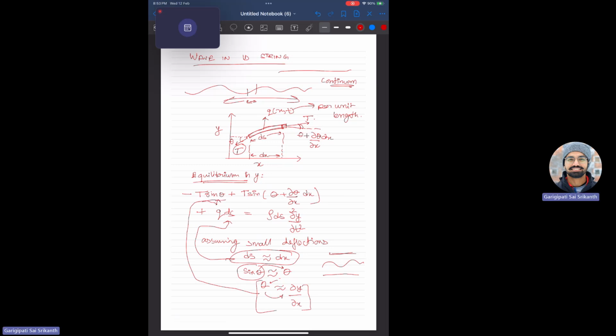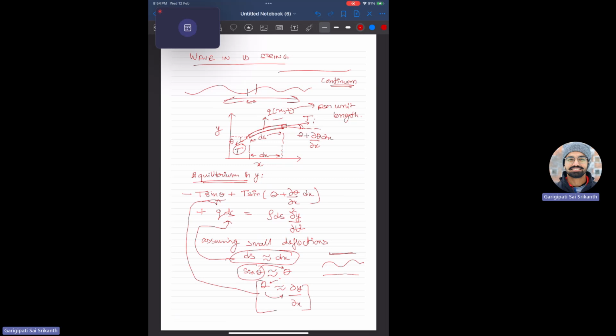Say with this tension T, let me use a pointer. Can I use a pointer? Yeah. So this tension T on both ends of the string, and there's a body force Q, and there are some angles. It's small angles.